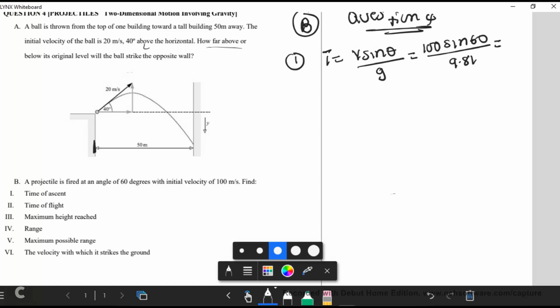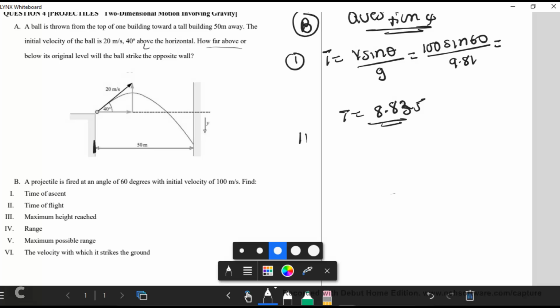So I'll find something like t is equal to 8.82 seconds, in short. So this is how you find that one, because if I say 100 sine 60 divided by 9.81, like that, right? So that's how you find that one.